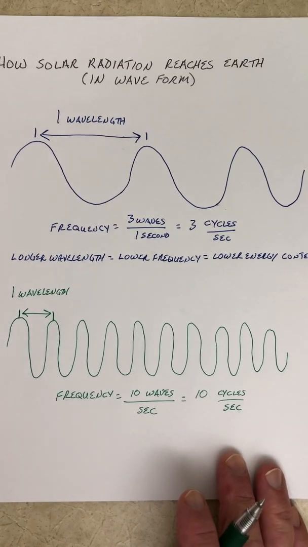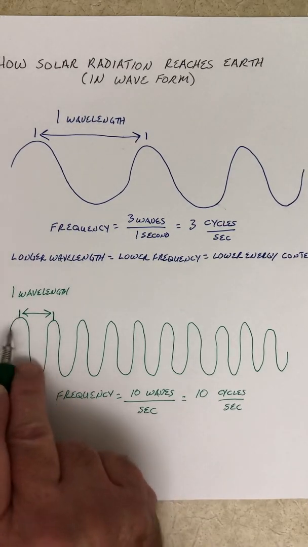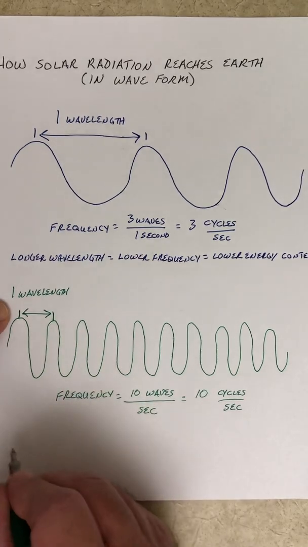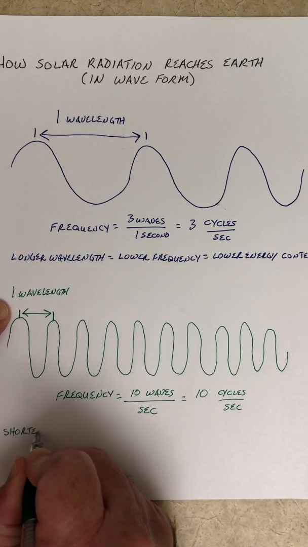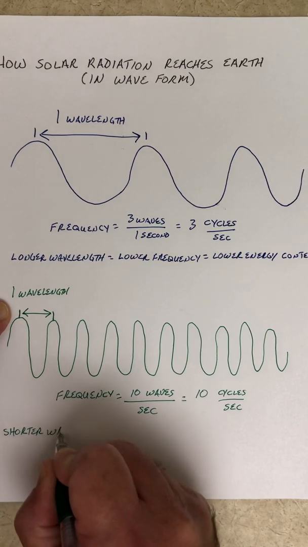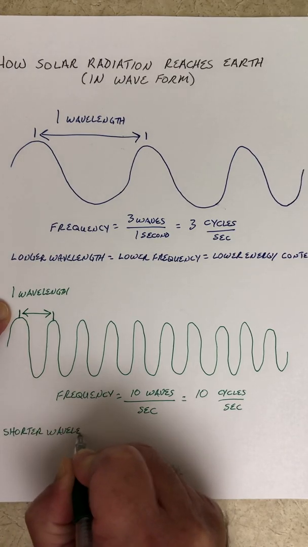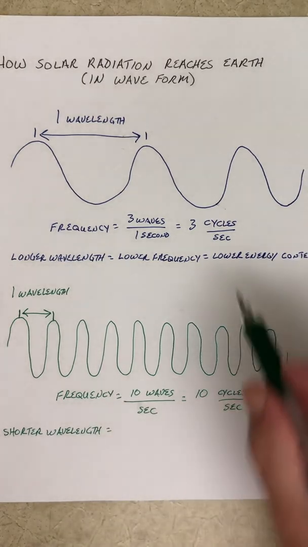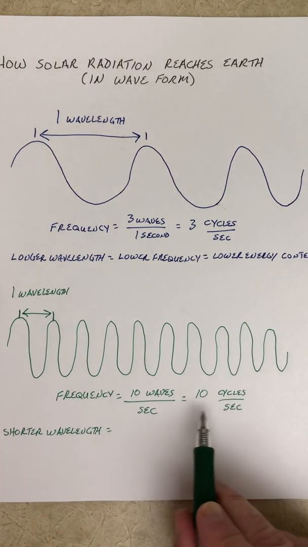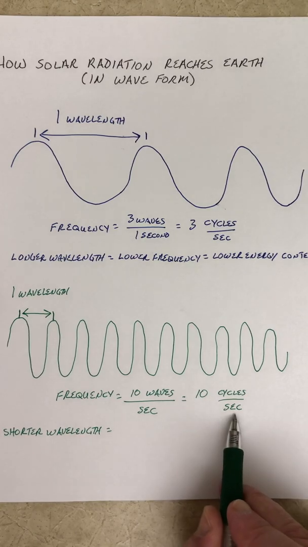Let's take a look at the green radiation. The green radiation has a shorter wavelength, and a shorter wavelength will translate into a higher frequency. This one had a frequency of 10 cycles per second.